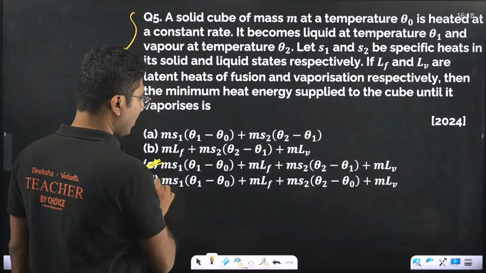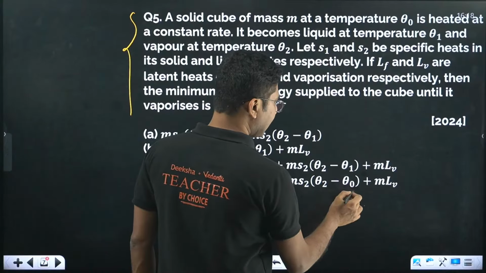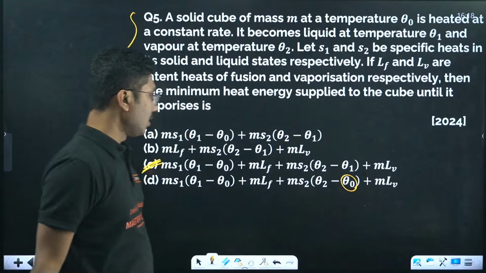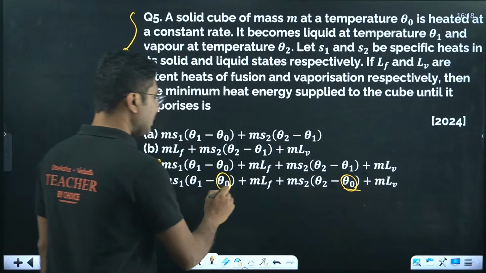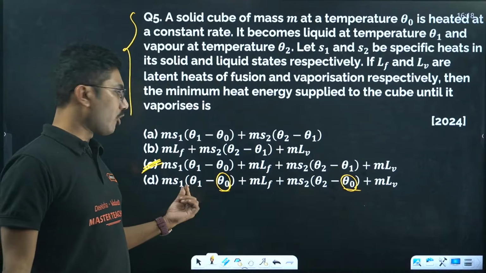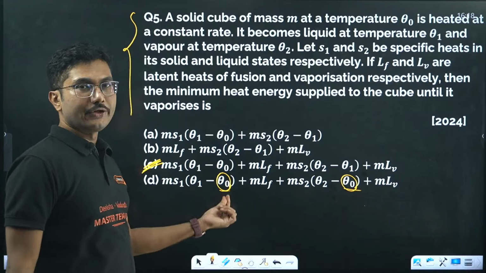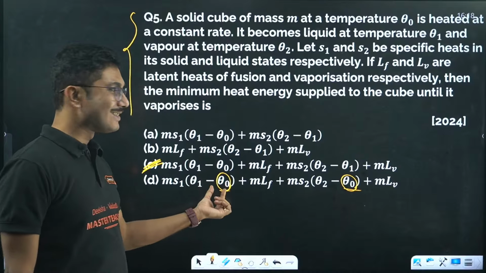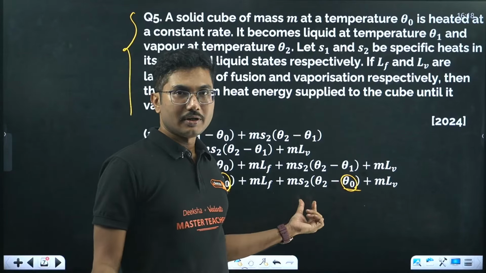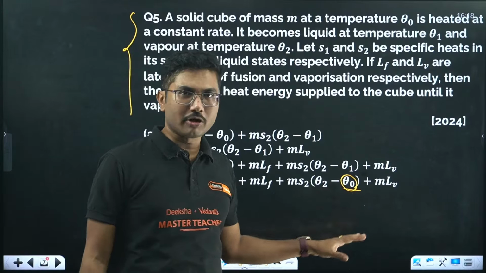Now if you see this one, it is almost the same, except here there is a theta naught given. So both are theta naught. Obviously this is from minus 10 degrees to 0 degrees Celsius, so this means this is minus 10 degrees Celsius. Here also it is 100 minus 10 degrees, which is not correct, right?